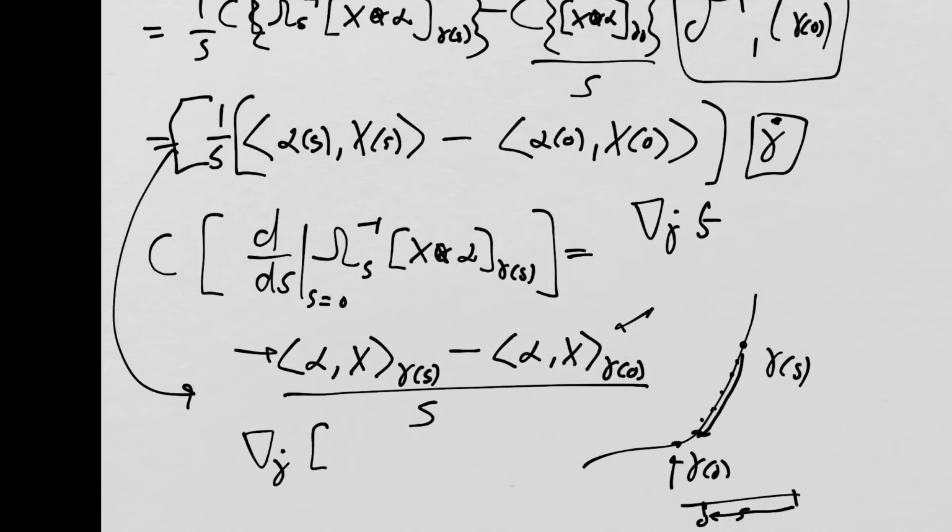Of this function right here, right? That's because that's a function and that's a function. Well, that's a function and that's a number, right? So it's a function minus a number.